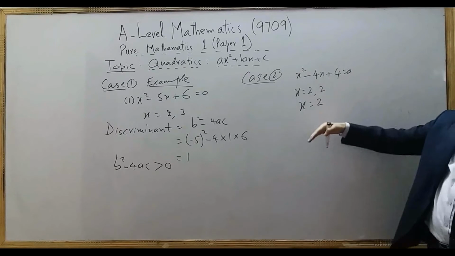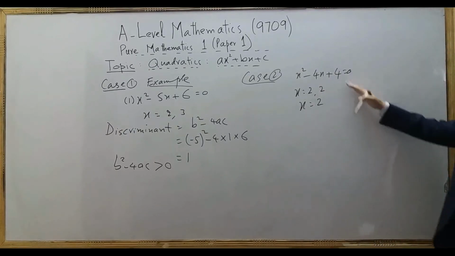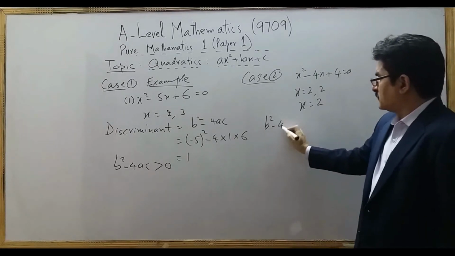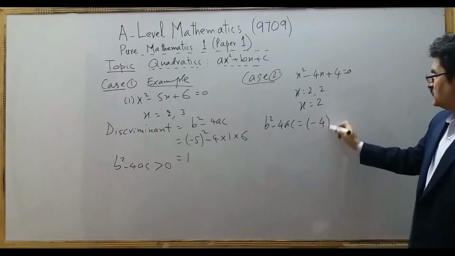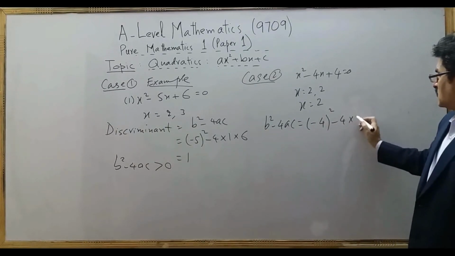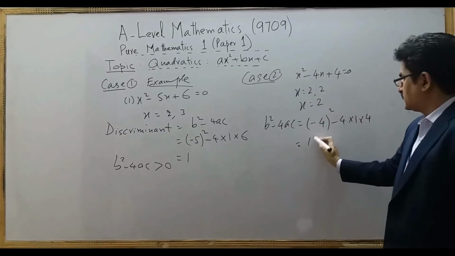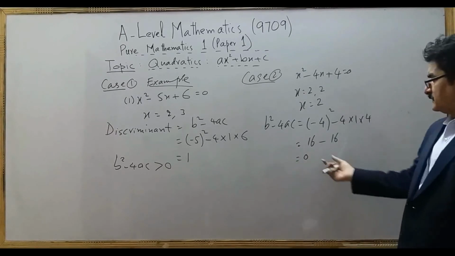But we also say that repeated roots are equal roots. So in this case there is one value. Let's see what is the value of the discriminant in this case. Discriminant b square minus 4ac, again a is 1, c is 4. Now see that it is 16 minus 16, the discriminant is 0. Very important point.